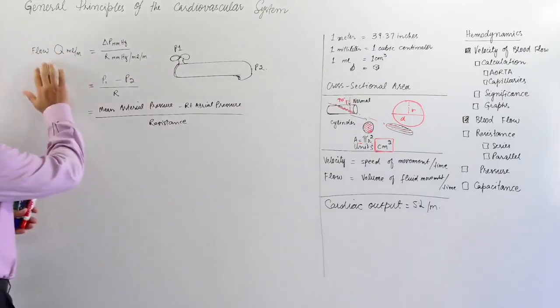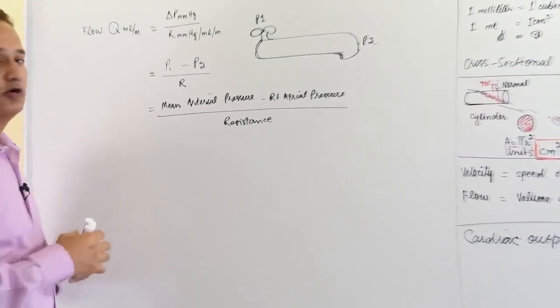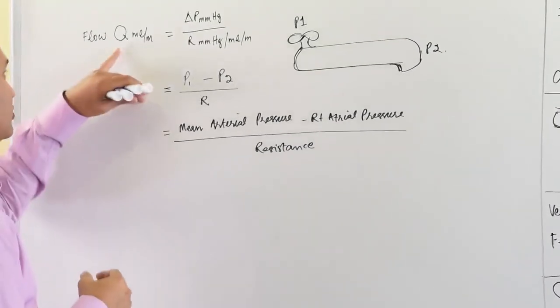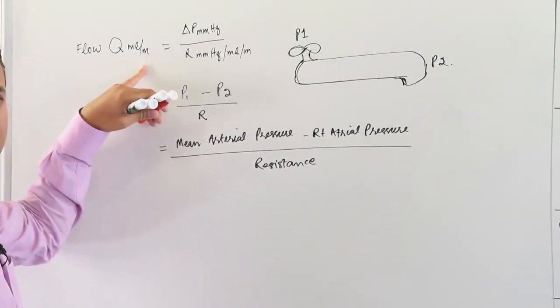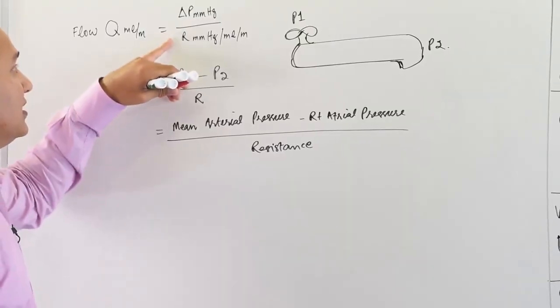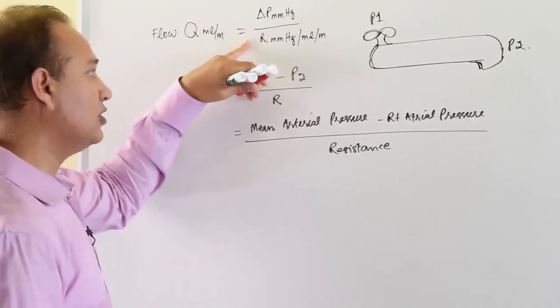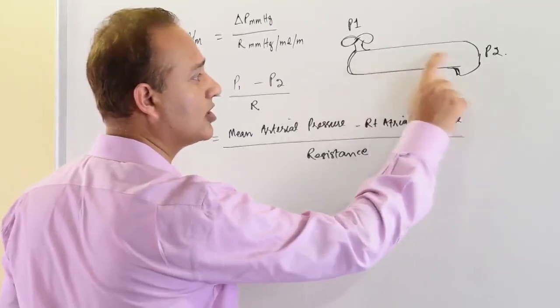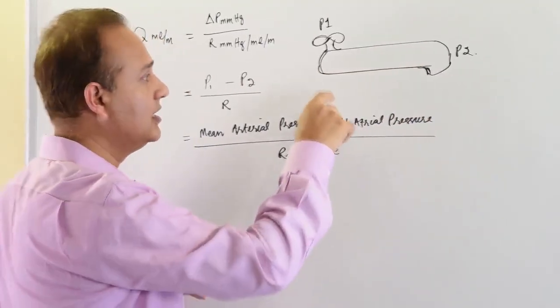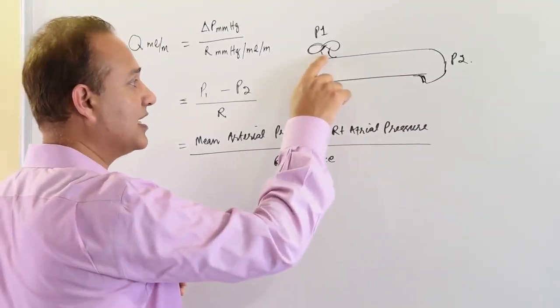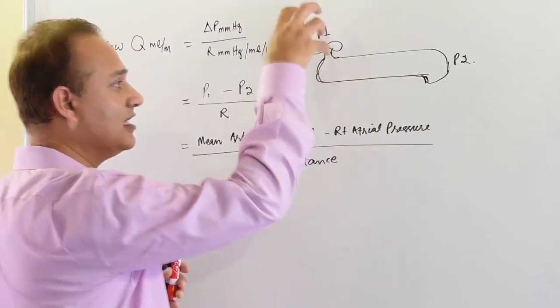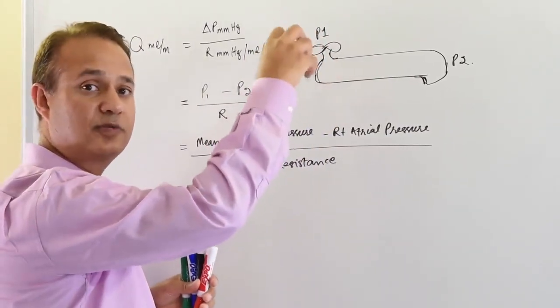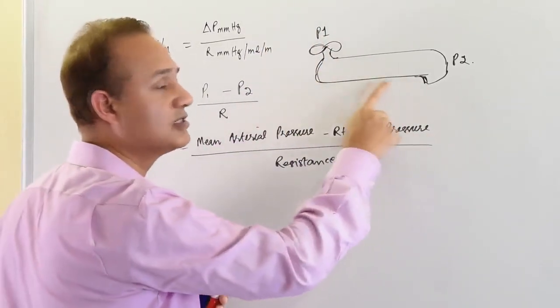Now, the formula for the flow of the blood or a fluid is Q, here in milliliters per minute, that is the units we're using, is delta P over R. And what does that mean? So let's say this is a tube through which we're talking about the flow of the fluid. The delta P, or the pressure gradient, is the gradient in the barometric pressure on the two ends of the tube.